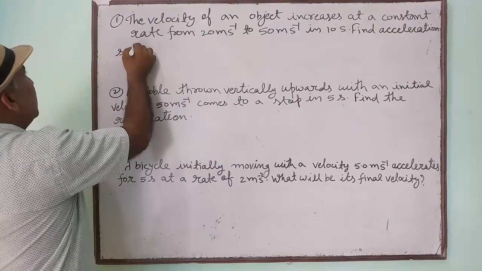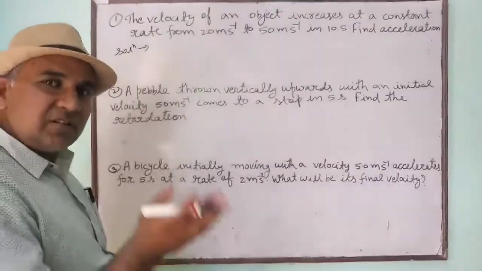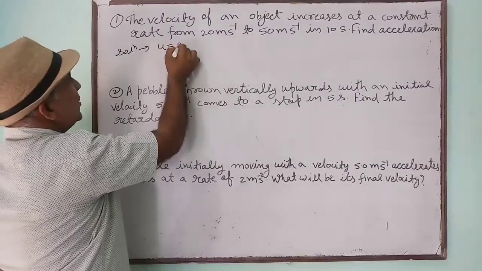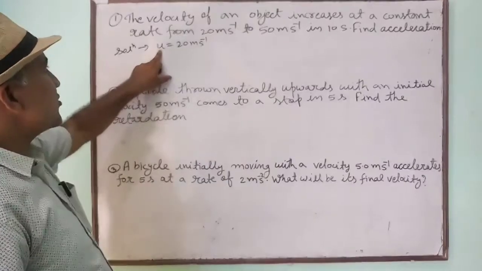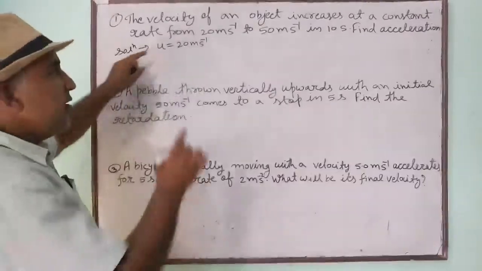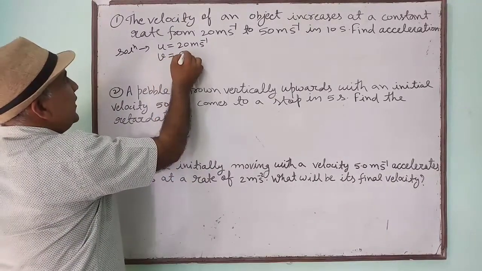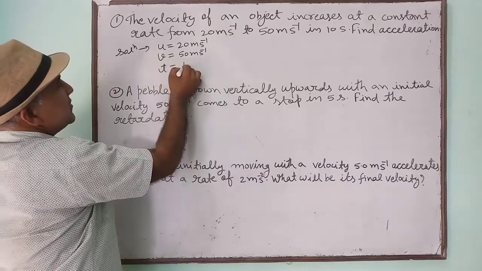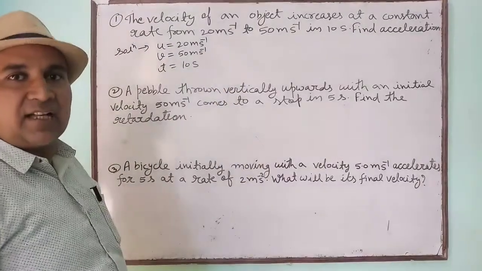See how to solve it. When you are going to solve the numericals, first write down the given points. See here, initial velocity is given, 20 meter per second. Initial velocity is denoted by small u. Final velocity is denoted by small v, and it is given 50 meter per second. And time is given 10 seconds. And the question is asking to find the acceleration.